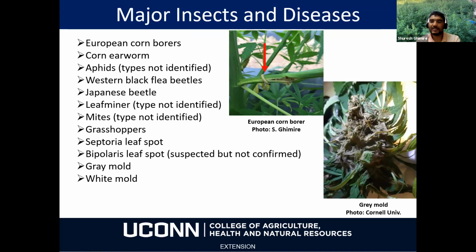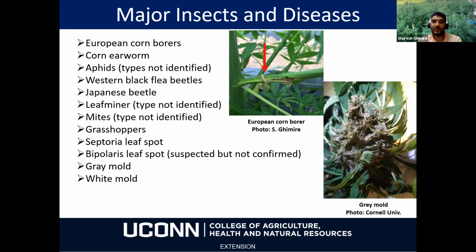We'll talk about insects in our next month's presentation, with Scott Lewins from UVM. We'll talk about insects in detail, but just very quickly, these were some of the major insects and diseases noticed in the 2019 and 2020 seasons in Connecticut.